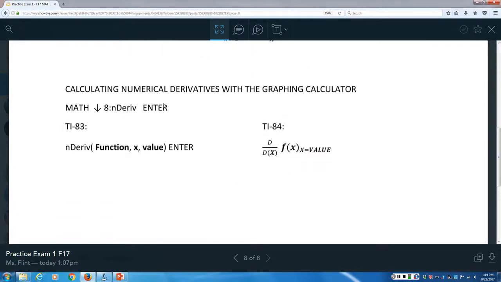I am going to show you how to do this. It's in the PowerPoint, but I'm going to try to show you separately because it isn't something you have to know to be able to do the test. Calculating numerical derivatives with the calculator. You don't have to know how to do that. The test doesn't require it.